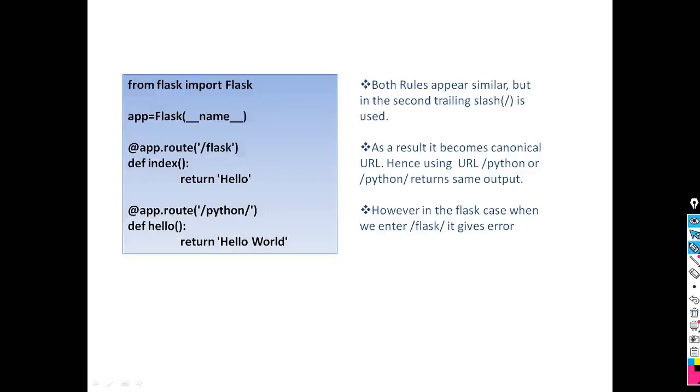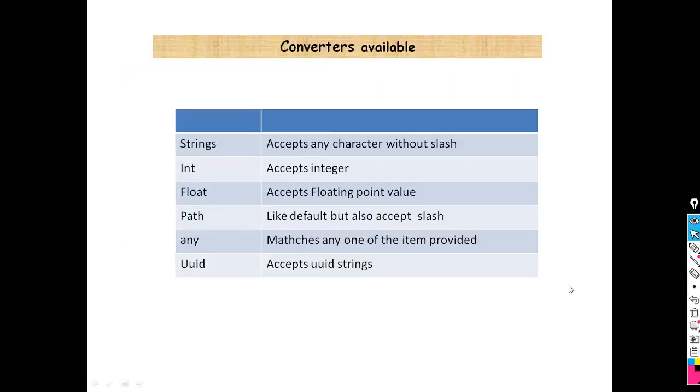Next, in the previous example we saw how the content of a variable can be passed to the URL. We used the string data type: /name, slash, within angle brackets name, and we can pass the name of that person as an argument to the URL. We can use string, integer, float, and path.